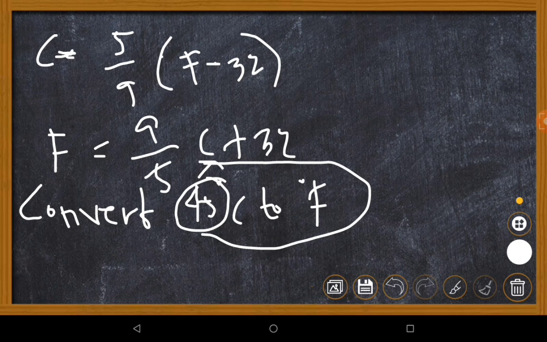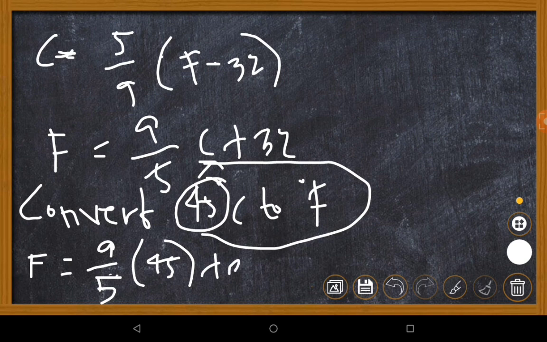So Fahrenheit is equal to 9/5 times Celsius, which is 45 degrees Celsius, plus 32.